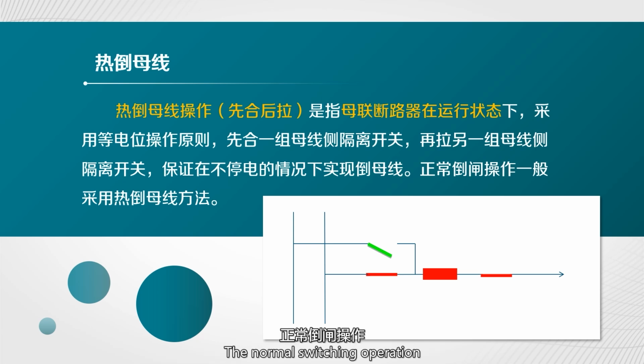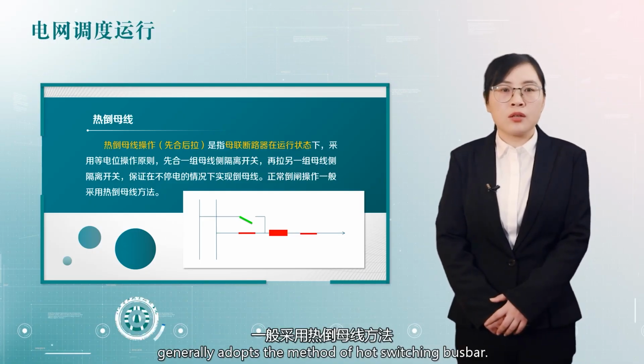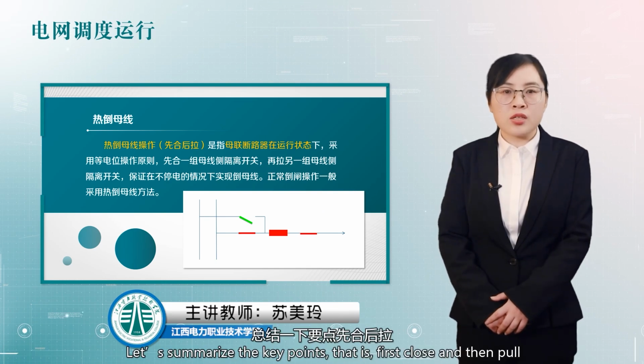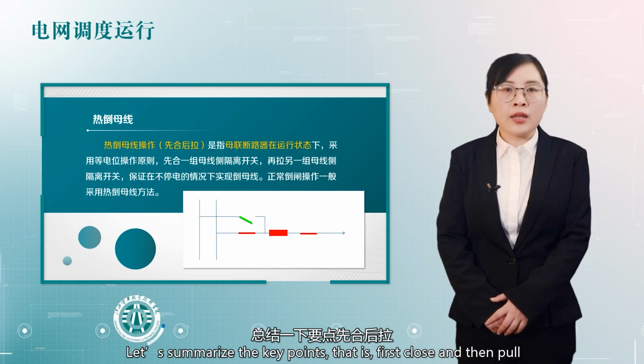The normal switching operation generally adopts the method of hot switching busbar. Let's summarize the key points. That is, first close and then pull.